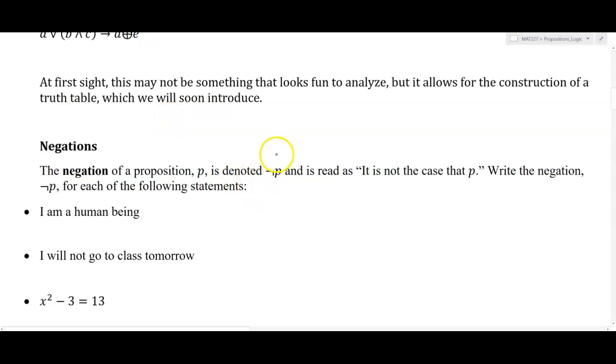Now I'm okay with you using a similar notation. I know some people have seen this before as P-not, a P with a little prime above it. Some people maybe have even seen a P with a bar over it to say P not. These are all okay, but logic often uses this L symbol to denote not. But you can use whichever one you want, just be clear about it.